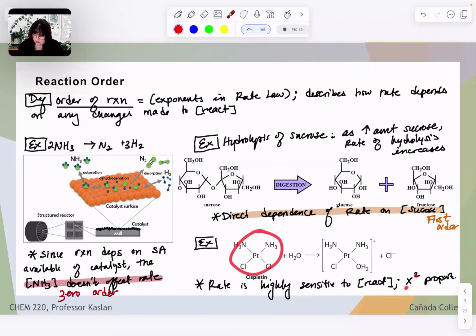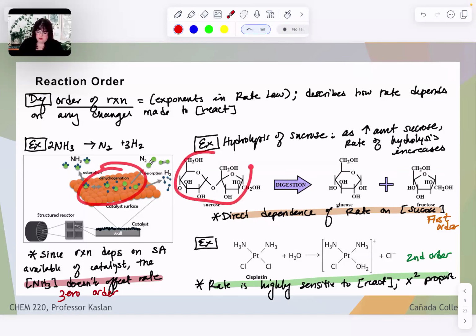Because 2 raised to 2 is 4. This is what we call second order reaction, which means that in our rate law, we would have an exponent of 2. So some various reactions. Depends on surface area. One reactant molecule implies first order. 2 reactant molecules implies second order, etc.